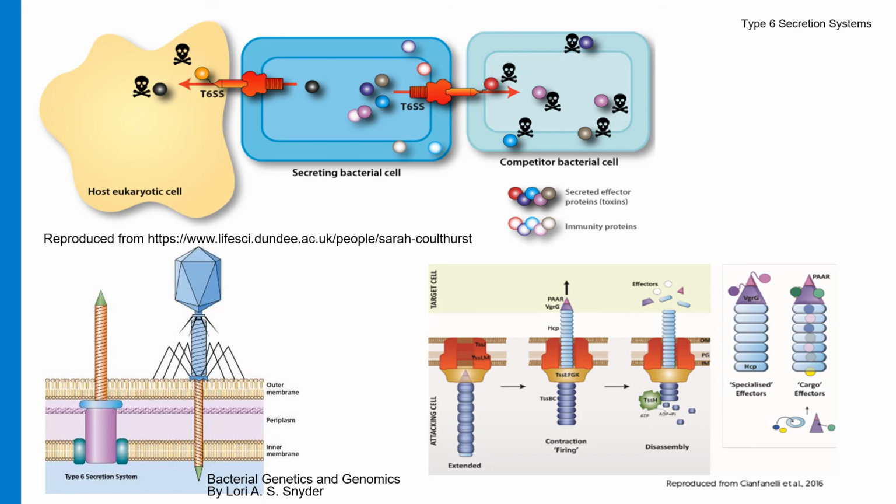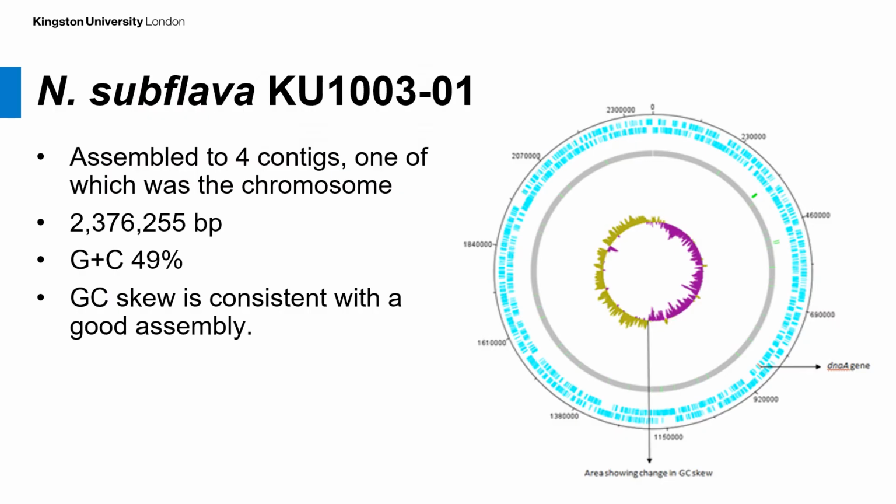So we sent away our strain to have the MinION sequence done, and then we received our sequence back as a complete bacterial circular genome. So we were also excited to get this back as one complete contig, one circle. We actually received 4 contigs, one of which is the chromosome, and then we've got 3 other little contigs.